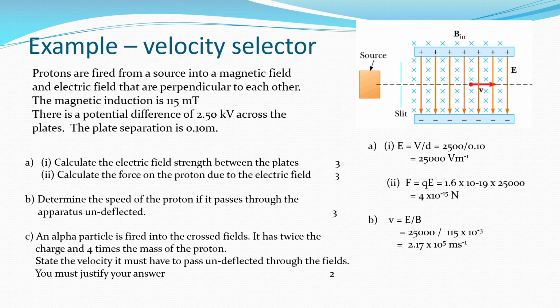V is equal to E over B. And our value of our velocity is 2.17 times 10 to the 5 meters per second. Because remember, the undeflected path is independent of mass or charge. So the same velocity we got for part B is going to be for part C.